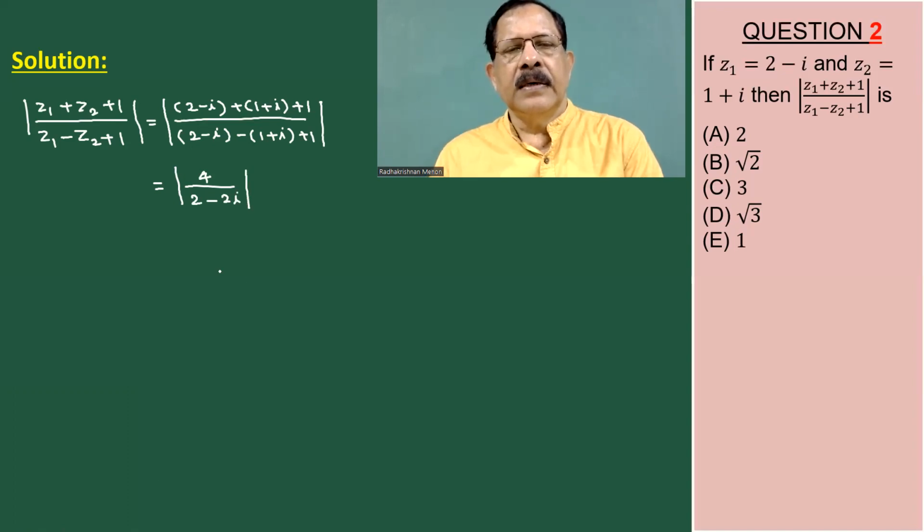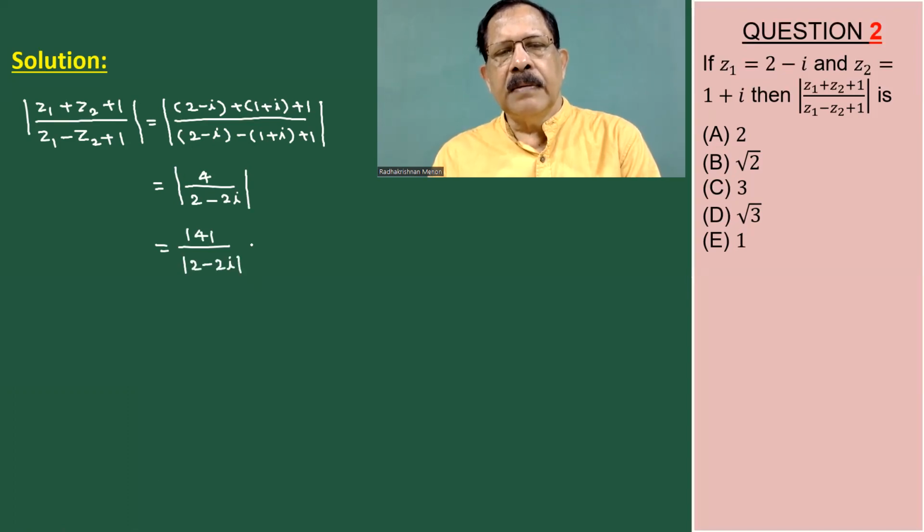Okay. Now it is very easy. You take the modulus of the numerator and also the modulus of the denominator. Modulus of 4 is 4, denominator root of 2 squared, 4, plus 2 squared, 4, which is equal to 4 divided by root 8.